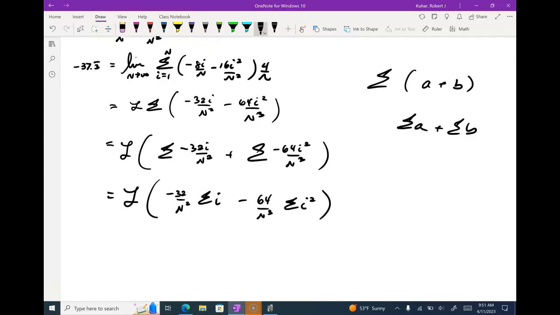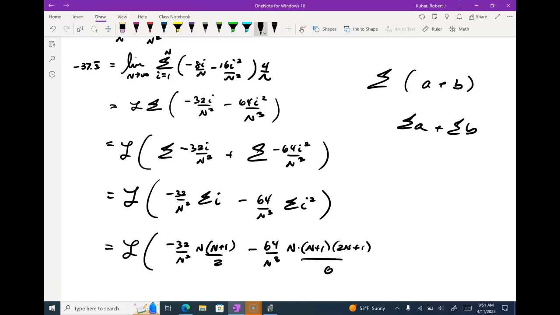Now we have a formula for the sum of i, and we have a formula for the sum of i squared. So we're looking at the limit of negative 32 over n squared times n times n plus 1 all over 2, minus 64 over n cubed times n times n plus 1 times 2n plus 1 all over 6.